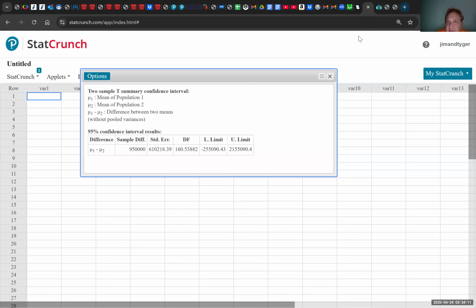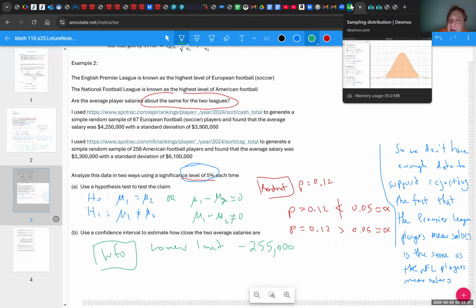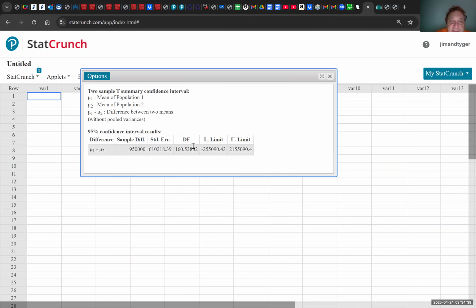255, 2155. Okay. So for my confidence interval, I have my little readout here, right? The info, and then I have the lower limit of, I didn't mention this, but I think it's negative 255,000. The reason why it's negative, look at it, the lower limit is a negative number.